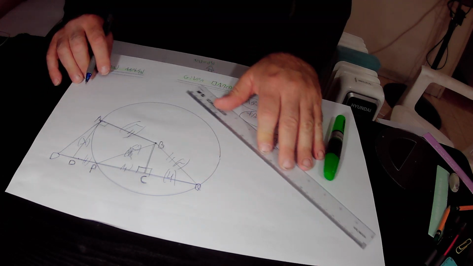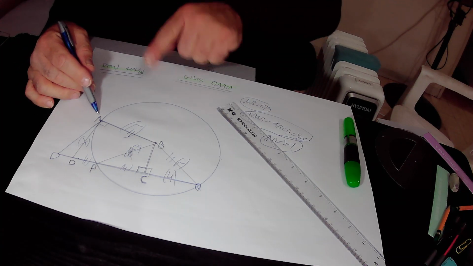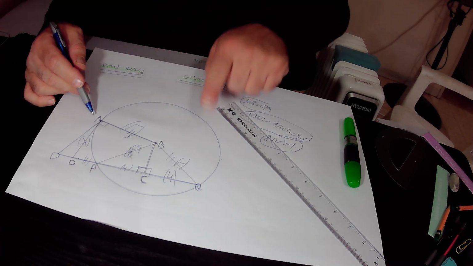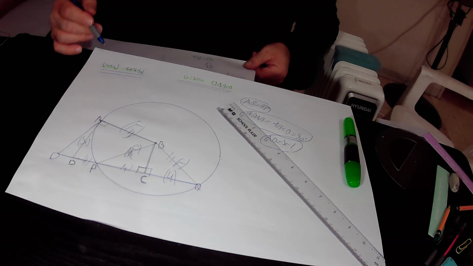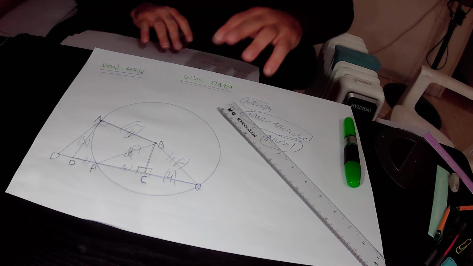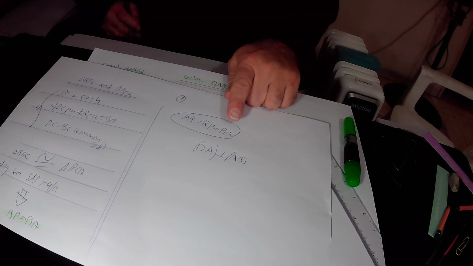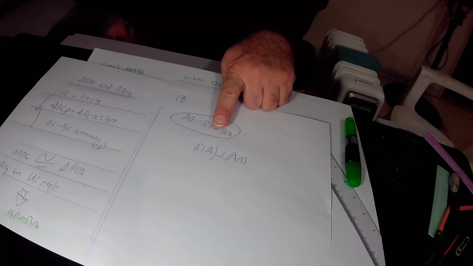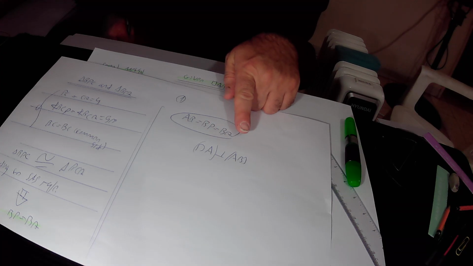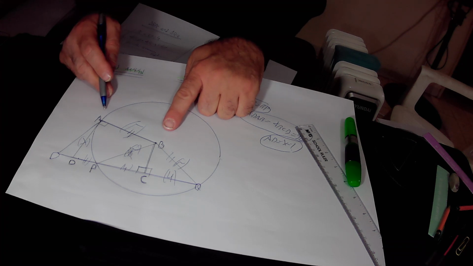According to what is given in the question, DA is perpendicular to AB. But according to our definition, AB is the radius of this circle.